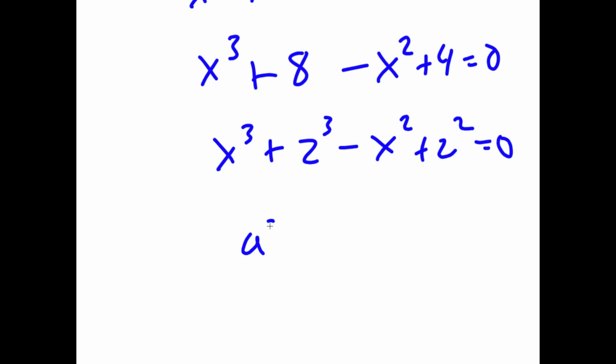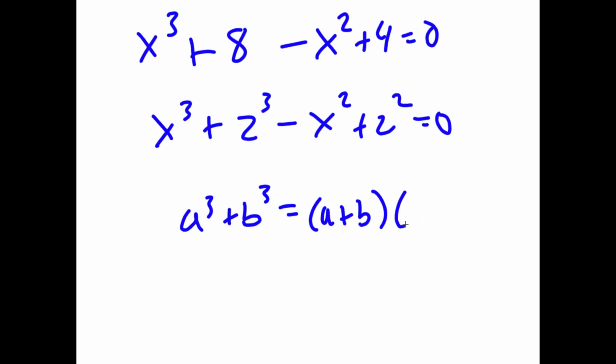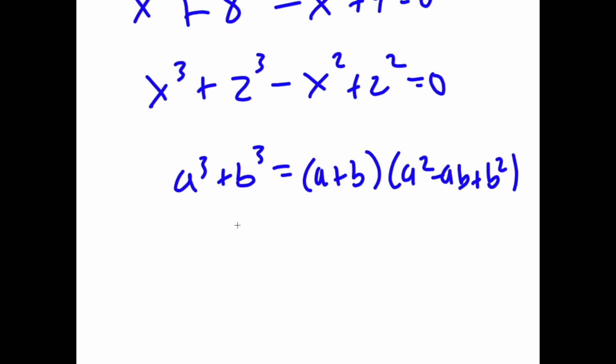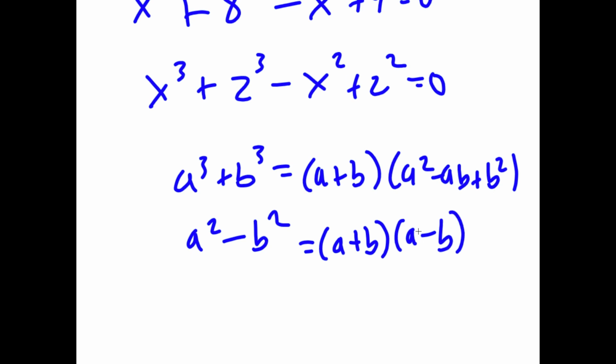If I have something in the form a to the power of 3 plus b to the power of 3, this is equal to a plus b times a squared minus ab plus b squared. And a squared minus b squared is equal to a plus b times a minus b.